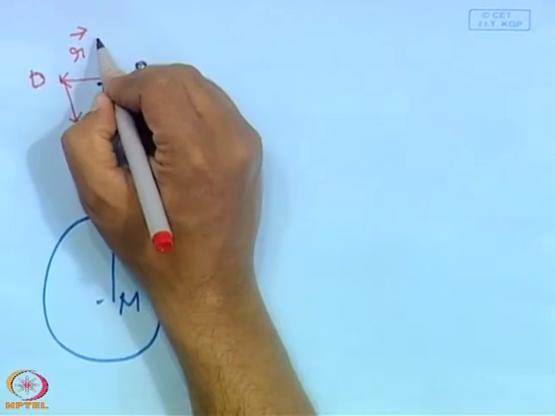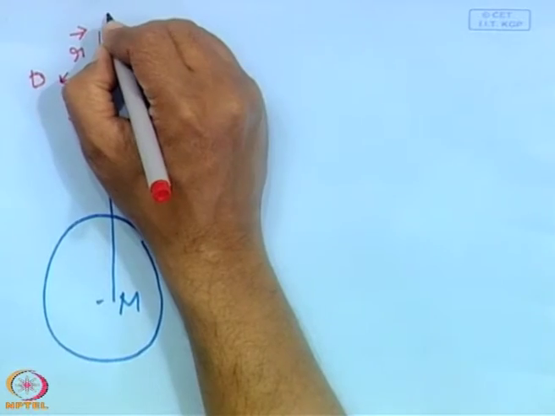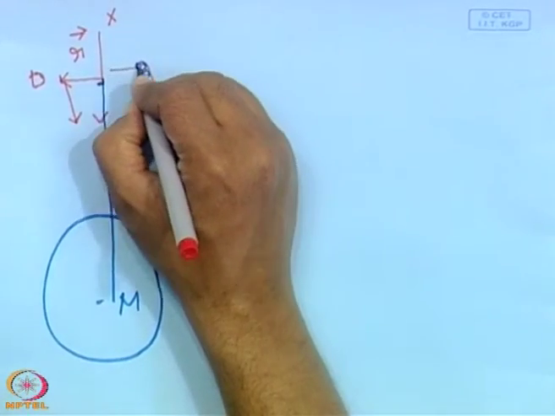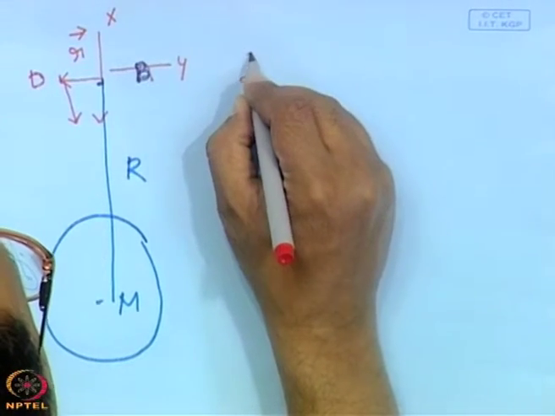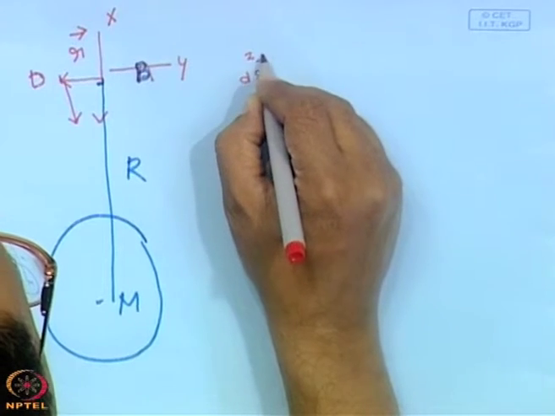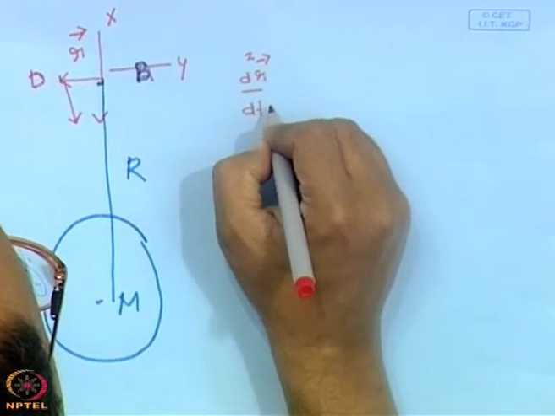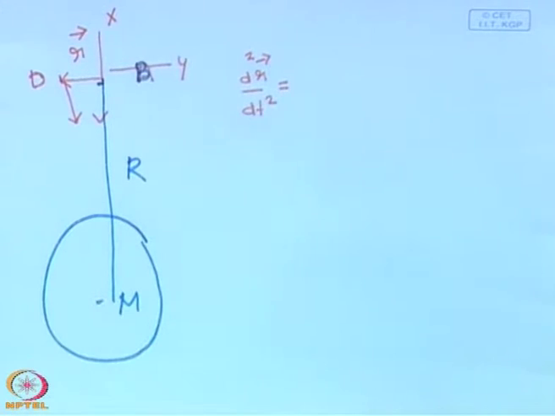And if I call this direction x and this direction y, then the acceleration of D will be, so it will have two components.